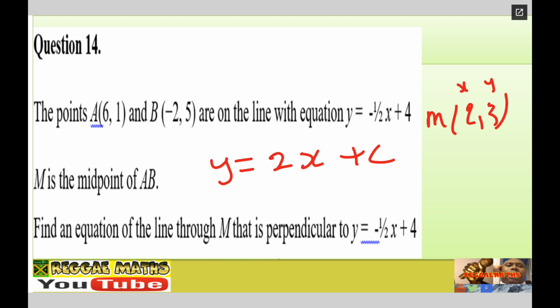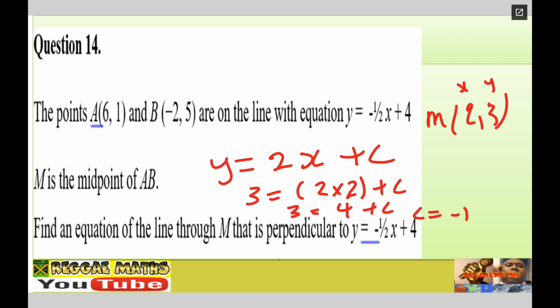So we've got 3 equals 2 times 2 plus c. 2 times 2 is 4. So 3 equals 4 plus c. c equals 3 minus 4, so c equals minus 1.